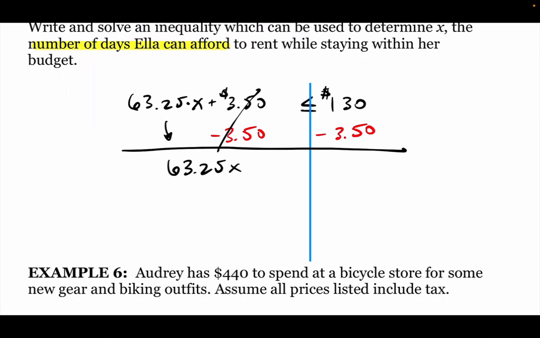$63.25 times X is less than or equal to $126.50. That's how much it is when you subtract. Divide by 63.25.